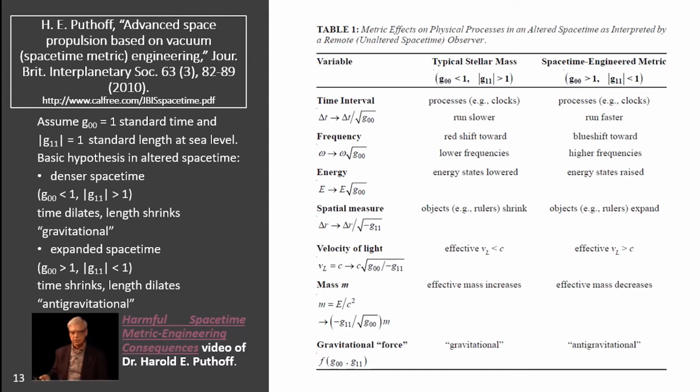Basically, if we assume there's a standard time and a standard length at sea level, as we move away from the Earth, we are going into a region of what we would call expanded space-time. And as we go towards the Earth, or towards a stellar mass in this case, we see the opposite effect.